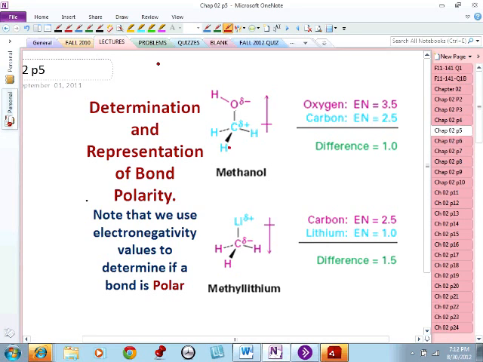So if I give you a bond and ask, is this a polar covalent bond or not? You go back to the electronegativity table, look at the electronegativity values for each one of those atoms involved in the bonding, and then you should be able to answer that question based on the difference in electronegativity.